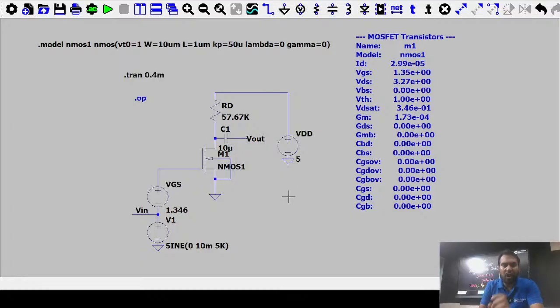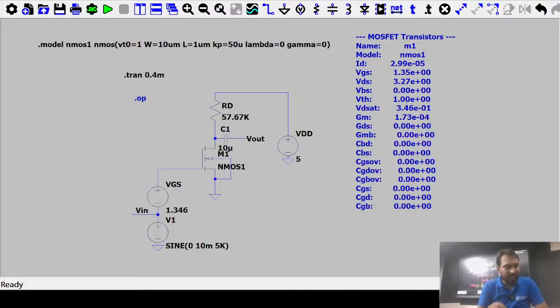Okay, so for that you write a function, that is .measure. And .measure, and you write gain, and param, and that is V out by V in.